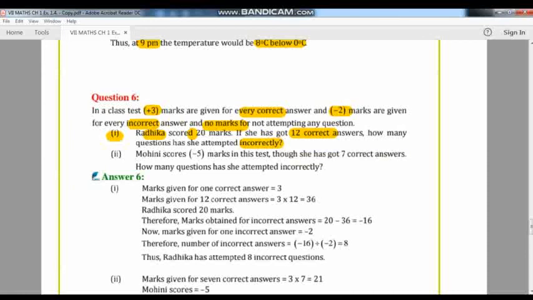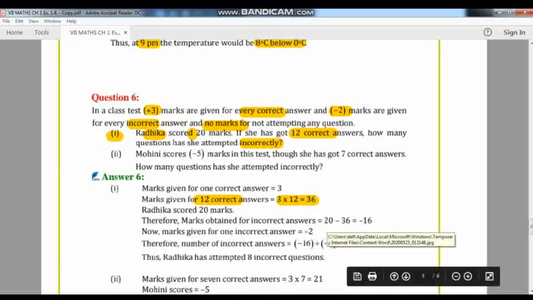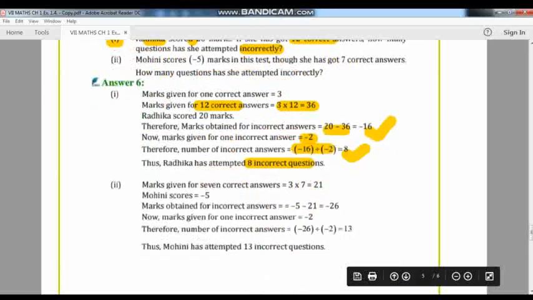Now she is scoring 12 correct answers, so 3 into 12 will be 36, but she is getting 20 marks. So we have to find out how many wrong answers she has attempted. So 20 minus 36, that is minus 16. Now for every incorrect answer, the marks given were minus 2. So we will divide minus 16 by minus 2, that is 8. So the 8 incorrect answers she had attempted.